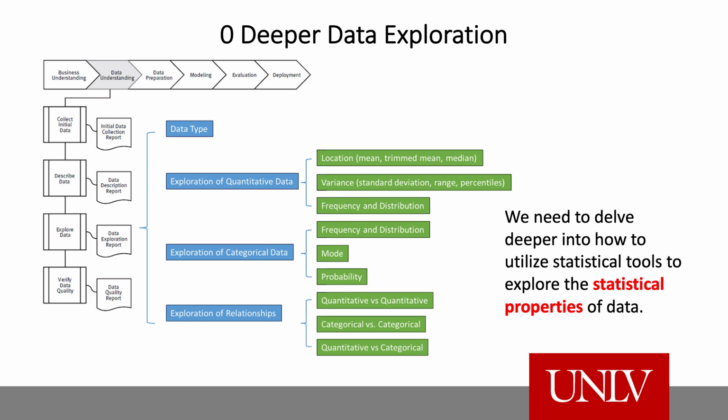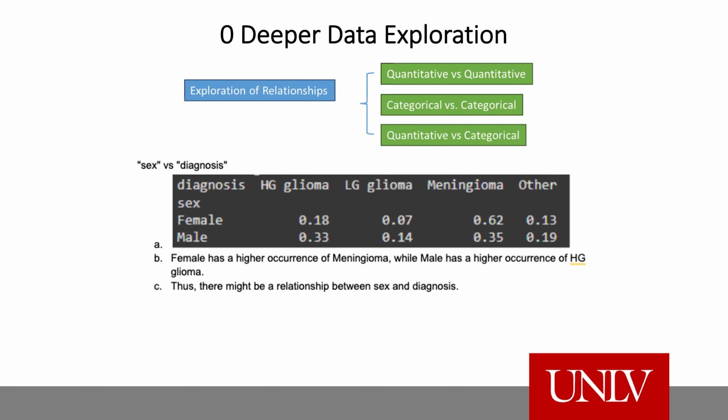To move beyond surface-level insights, we need to use statistical tools to formally examine the statistical properties of the data and support our conclusions with evidence. For example, when comparing sex and diagnosis, we observed that females appear to have a higher occurrence of meningioma, while males appear to have a higher occurrence of high-grade glioma.